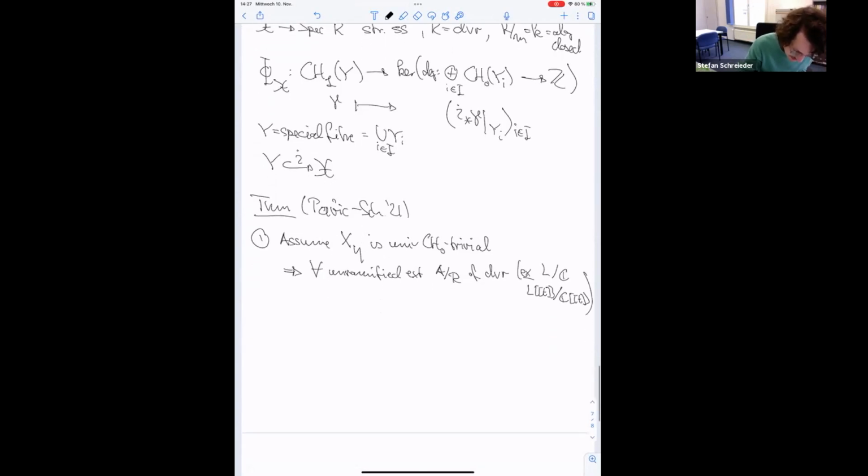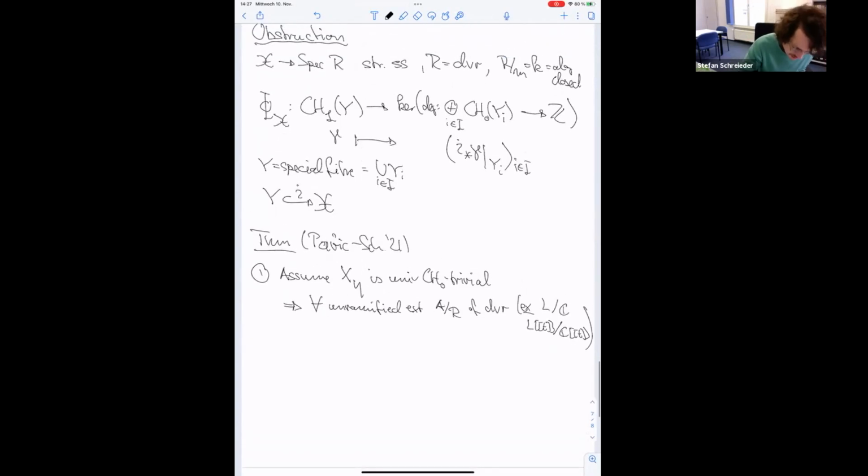And for any such extension, we can base change the whole situation to A. And then we get a new family, now not over R, but over A. And this map still exists. And the statement is that whenever you do such a base change, that map is always surjective.